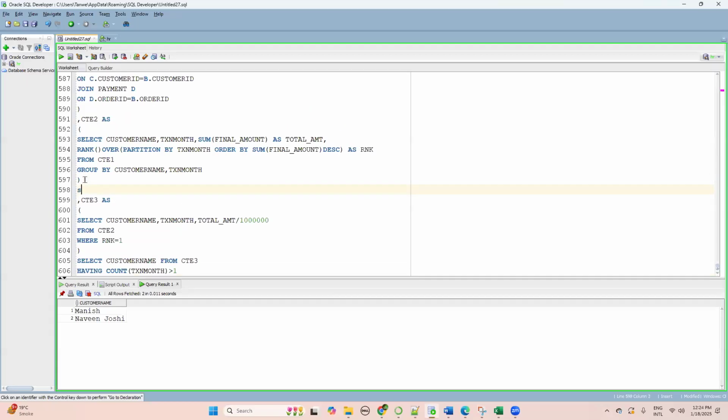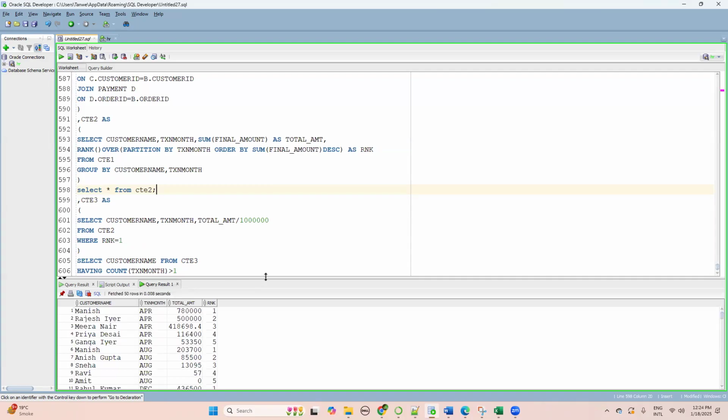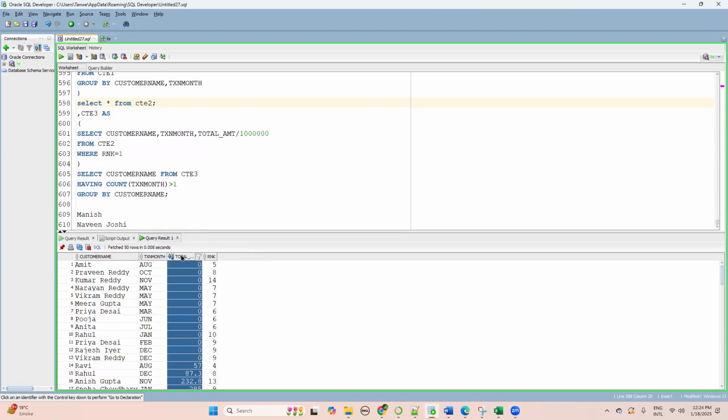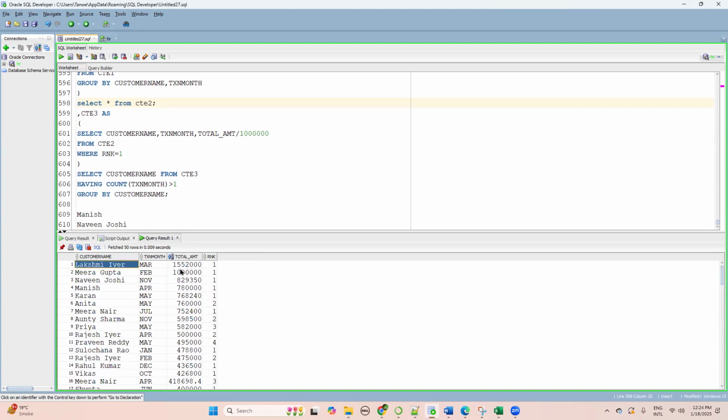Let's start from CT2. Now see, check this data. अगर यहाँ पर आप देखोगे, let me sort it based on this. देखो लक्ष्मी अय्यर, he is the one who has done the highest transaction मार्च मंथ में. कितना है ये? 1.55 मिलियन. तो जो कि मनीष और नवीन जोशी से काफी ज्यादा है. Got it? So this is again another matrix.